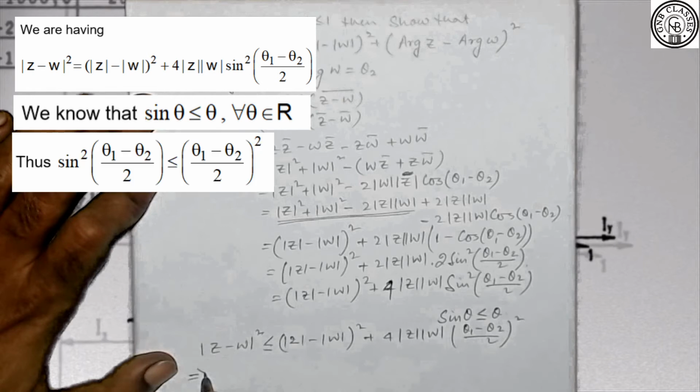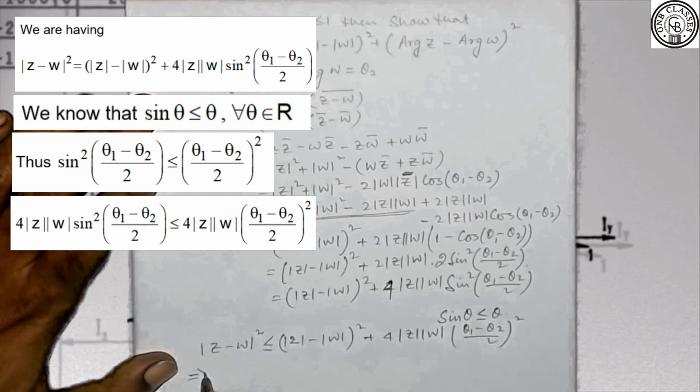Thus, sine square ((theta 1 minus theta 2) by 2) is less than or equal to ((theta 1 minus theta 2) by 2) whole square. Now let me multiply both sides with 4 mod z mod w. So we are having 4 mod z mod w sine square ((theta 1 minus theta 2) by 2) is less than or equal to 4 mod z mod w ((theta 1 minus theta 2) by 2) whole square, right?